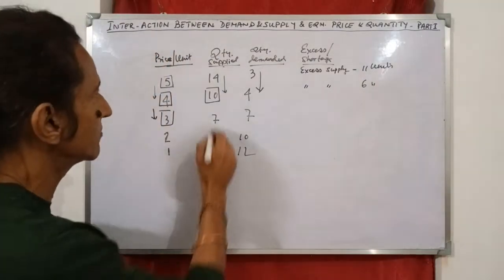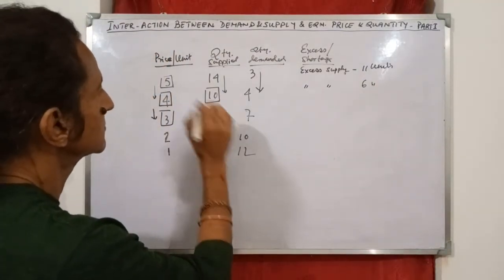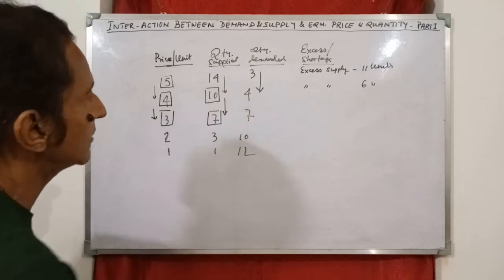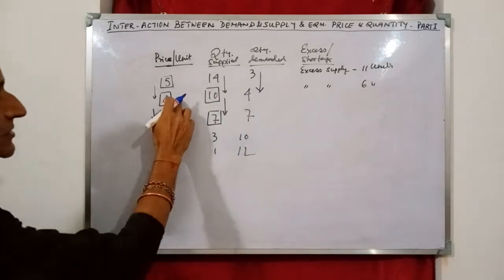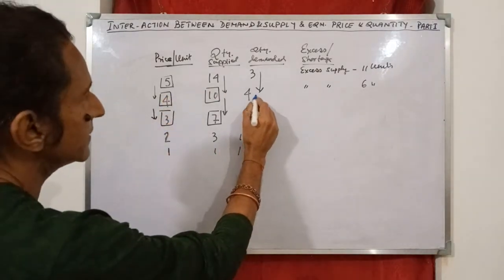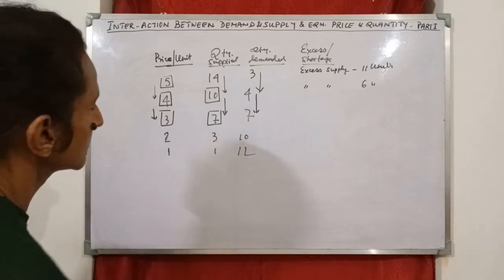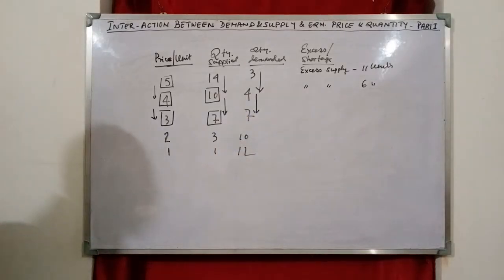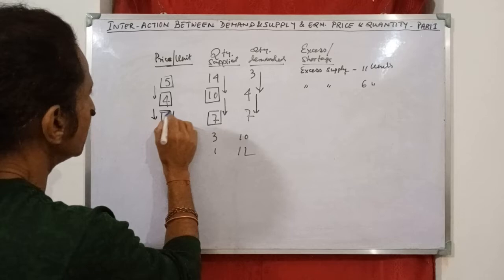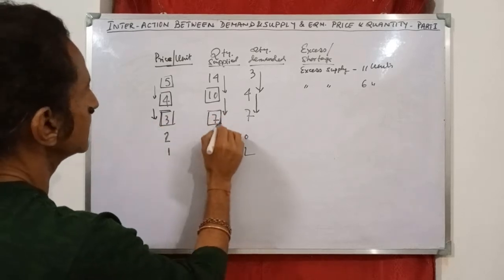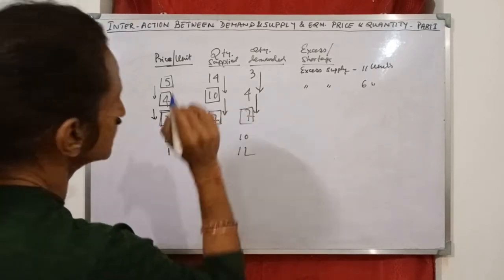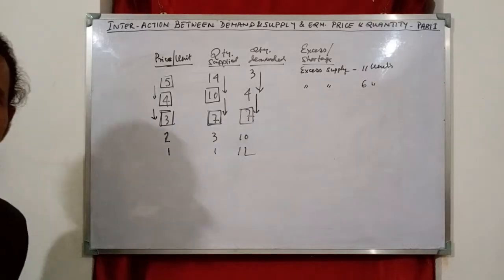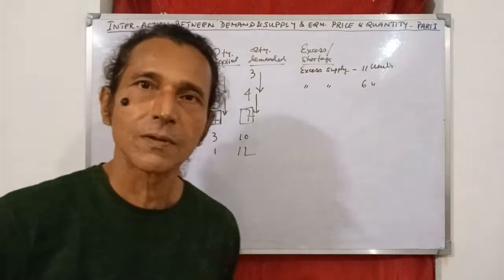The supply has fallen from 10 to 7. And you see, as price has fallen, quantity demanded increases from 4 to 7. Now, this is the equilibrium price, and 7 is the equilibrium quantity. Correct?